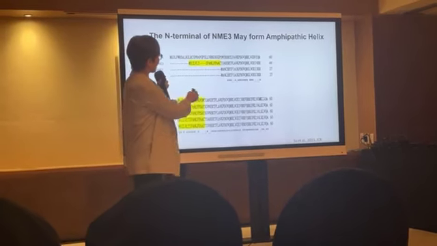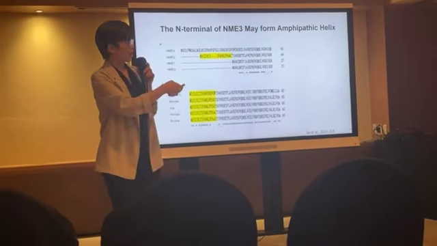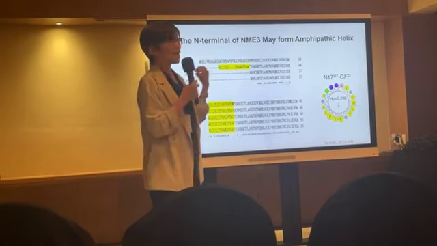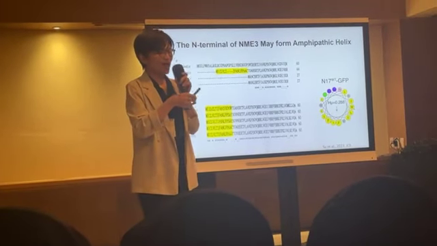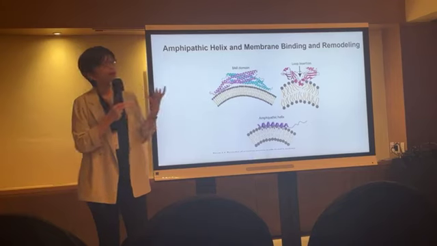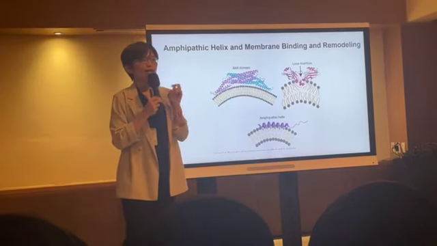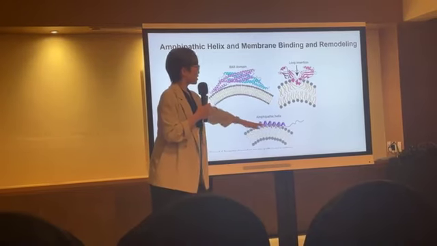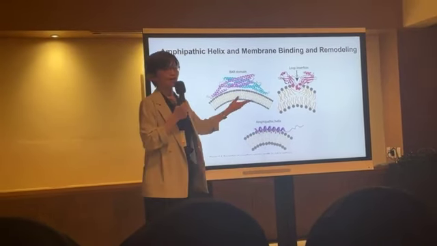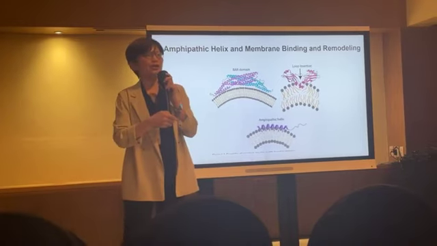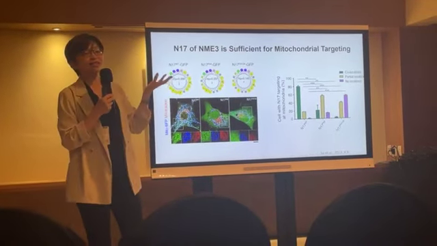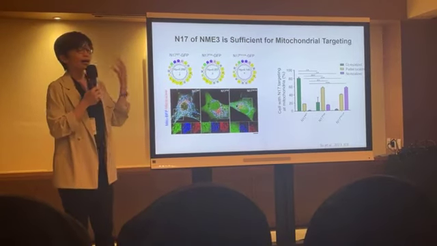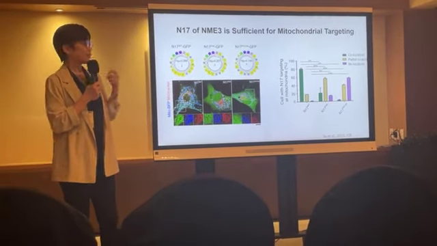With its hydrophobic amino acids, we found that this 17-amino-acid region has the capacity to form an amphipathic helix. An amphipathic helix is a well-studied secondary structure that can bind to membrane because of its hydrophobic side and hydrophilic side. So we suspected that this N17 region, unique to NMD3, is critical for its membrane binding and can contribute to mitochondrial targeting and binding.